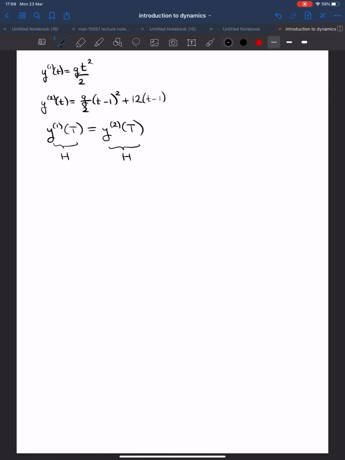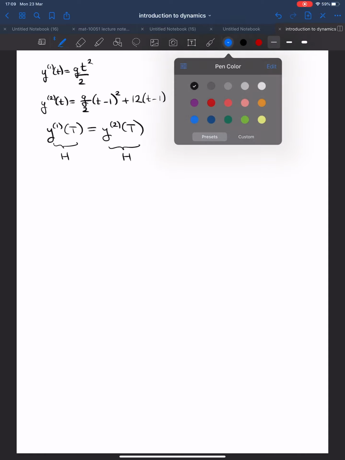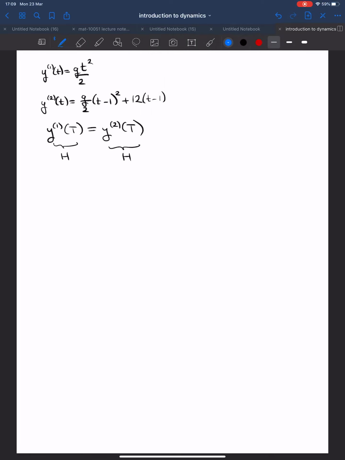All right, so let's come back to this one at the top, y1. So this is displacement for stone 1. Clearly I can do the following. I can add and subtract 1 inside the square. And if I expand this out, so I have g over 2. So if I expand this out, what I would like to have is factors of t minus 1 in the terms that result. So without making a mistake, he says, haha, we get this.